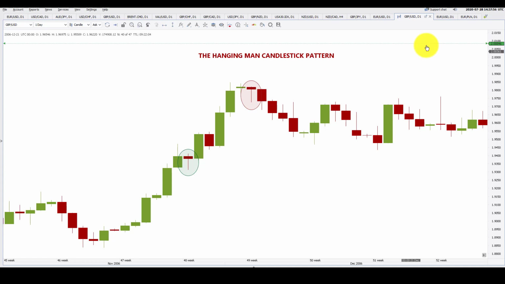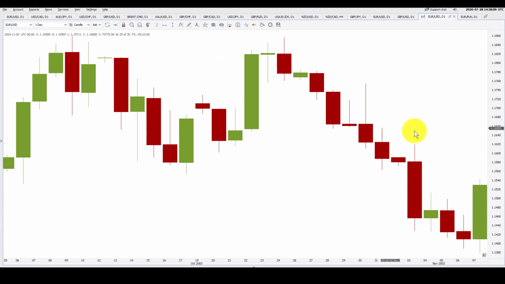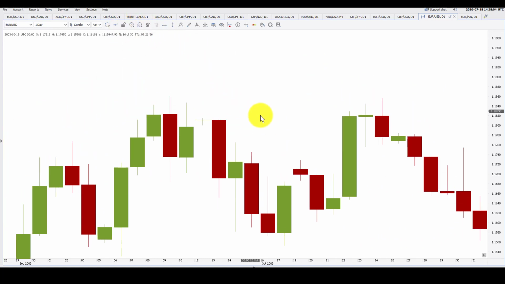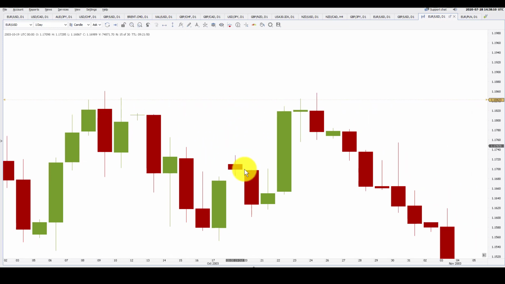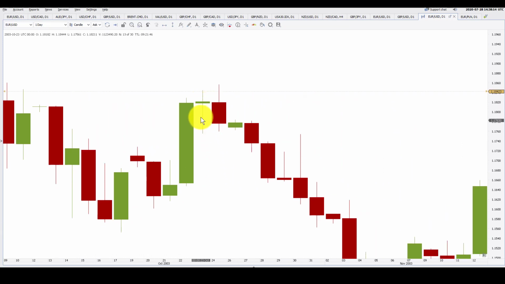Okay, let us go to another example of the euro dollar here. In this case you see this was a previous resistance here, and after this small advance, what happened here? The price went down south and eventually closed almost near the open price.